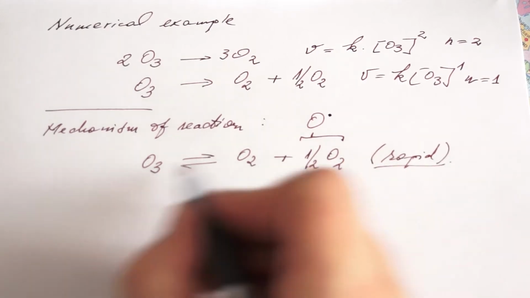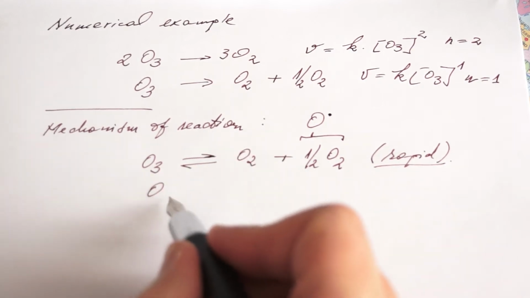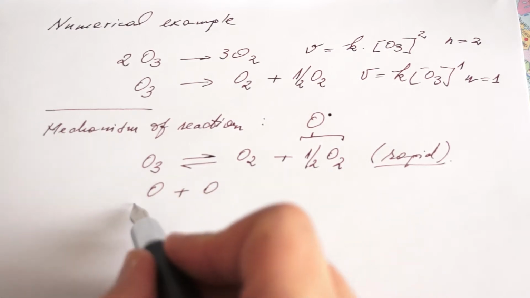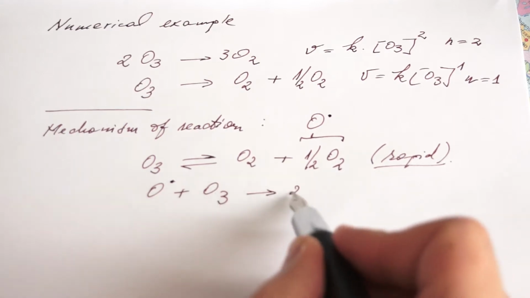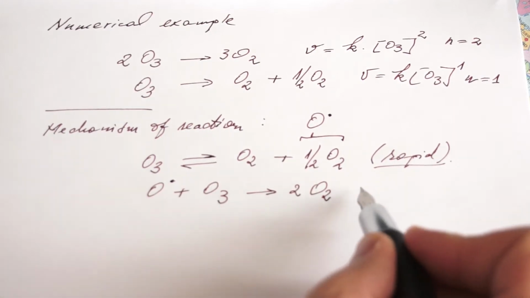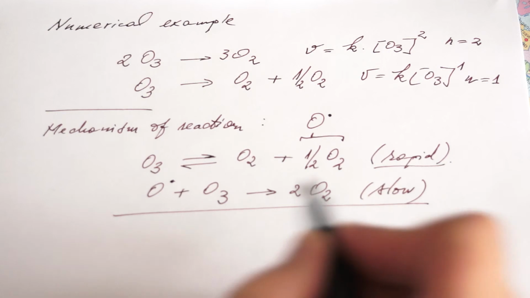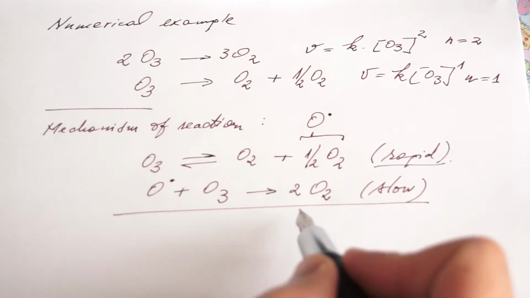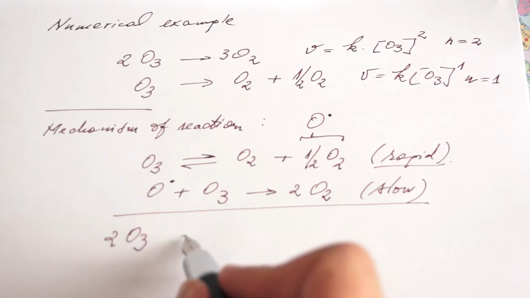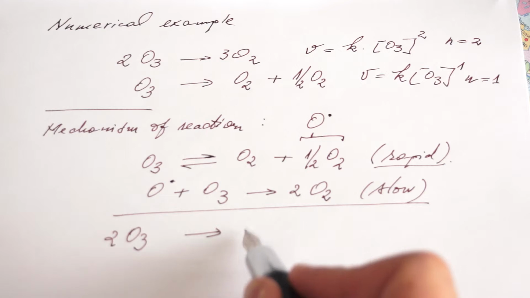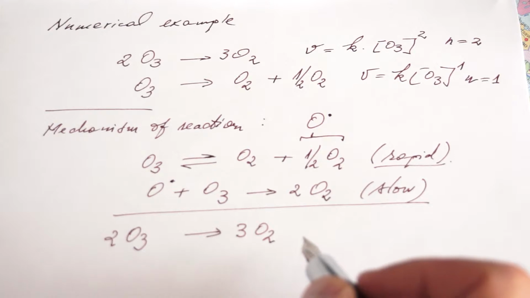So this equilibrium is attained rapidly, and it's followed by a second reaction step. The oxygen radical reacts with an ozone molecule to produce two oxygen molecules, and this is slow. Obviously, if we add these two equations, we get that two ozone molecules lead to the formation of 3 oxygen molecules, what we had in the beginning.